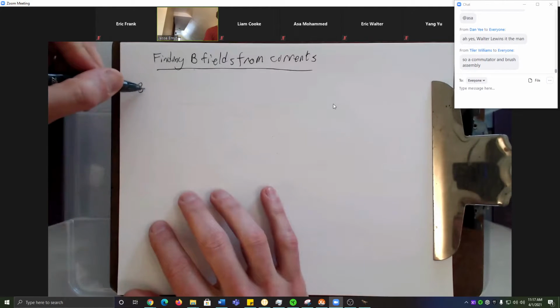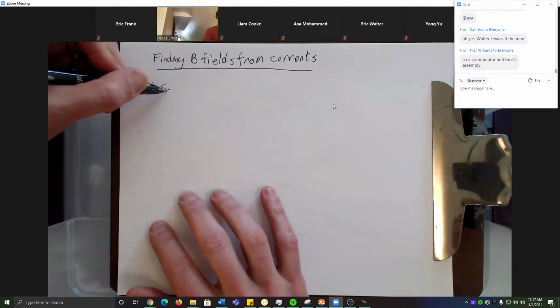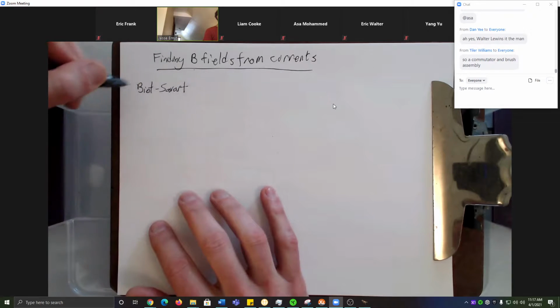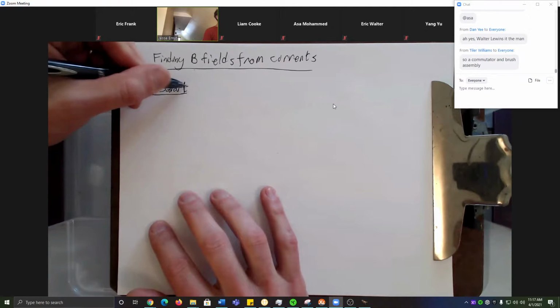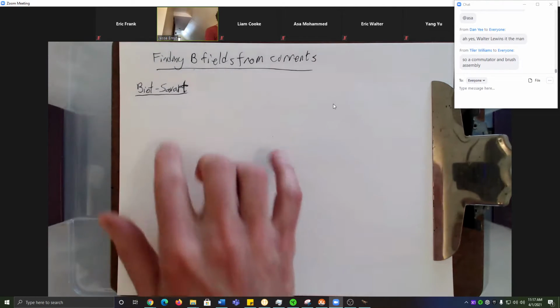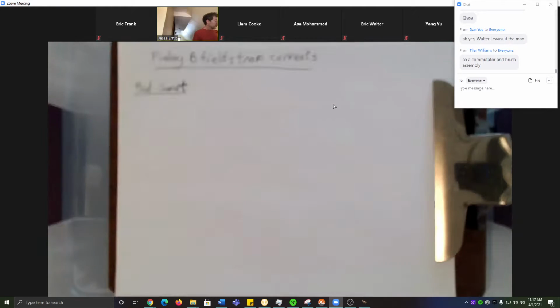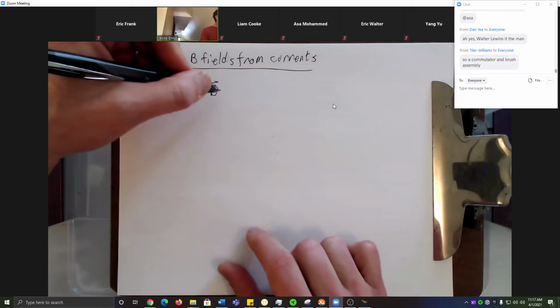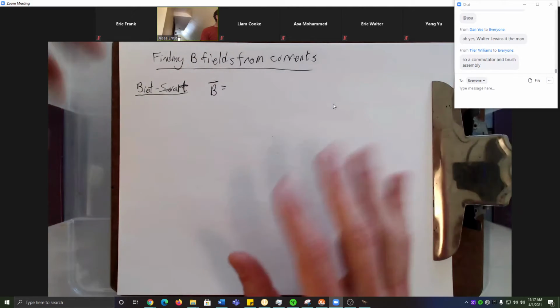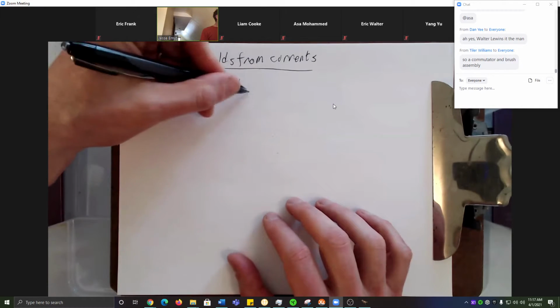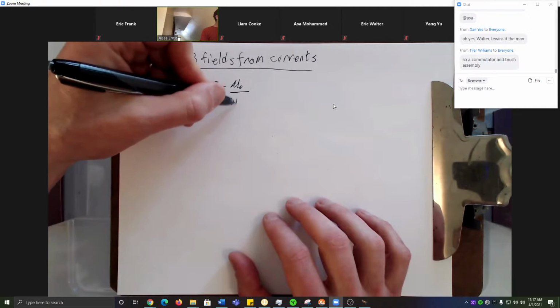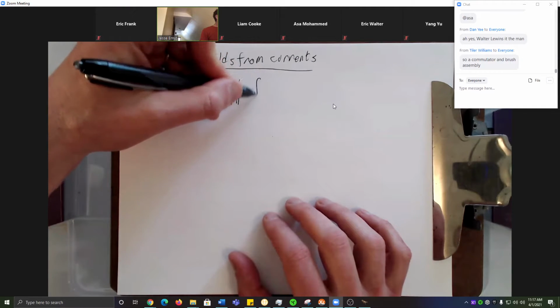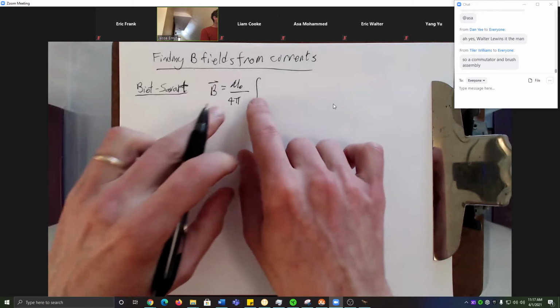So we're going to start with what's known as the Biot-Savart law. And you sound much smarter if you call it the Biot-Savart law rather than the Biot-Savart law. So the B field from a current, I'm just going to write it down and then we'll dissect it. And be careful, if you look at other sources, the units of this are very different depending.